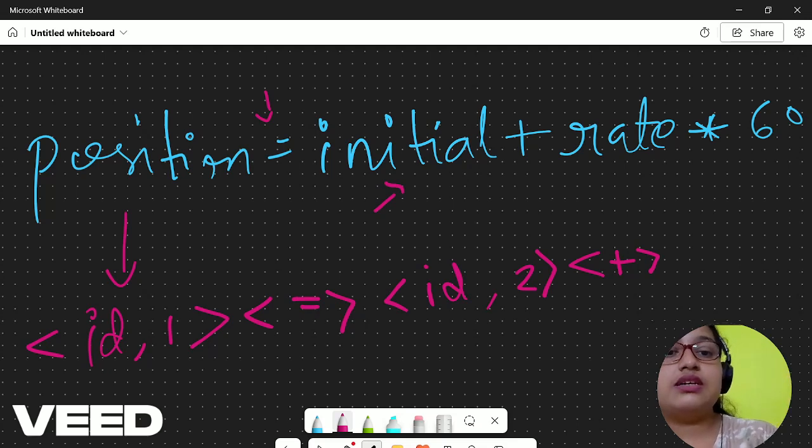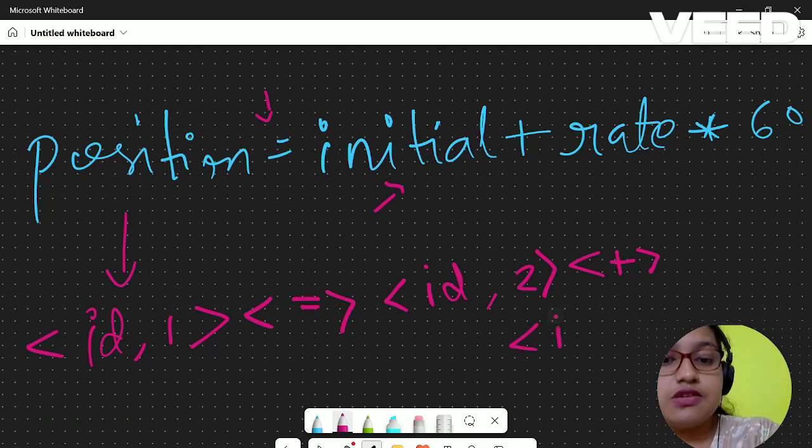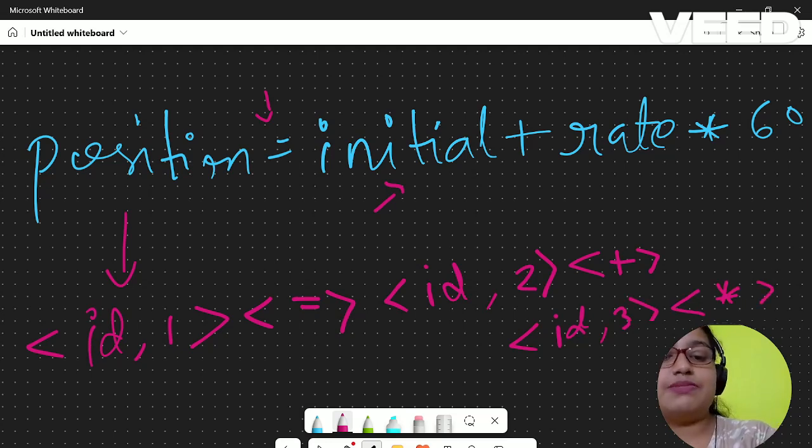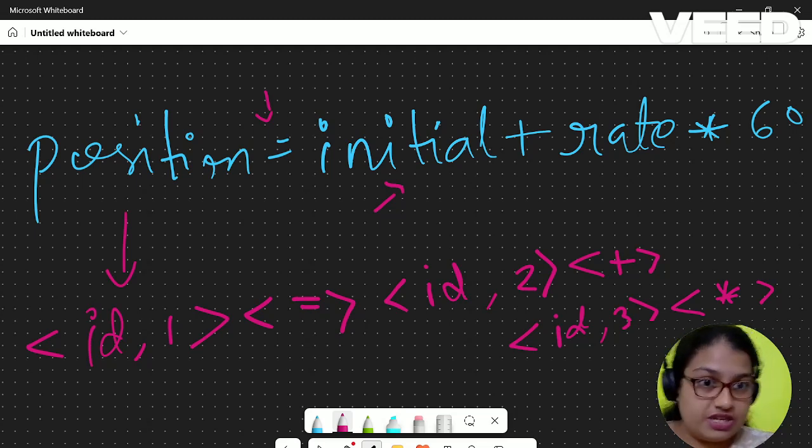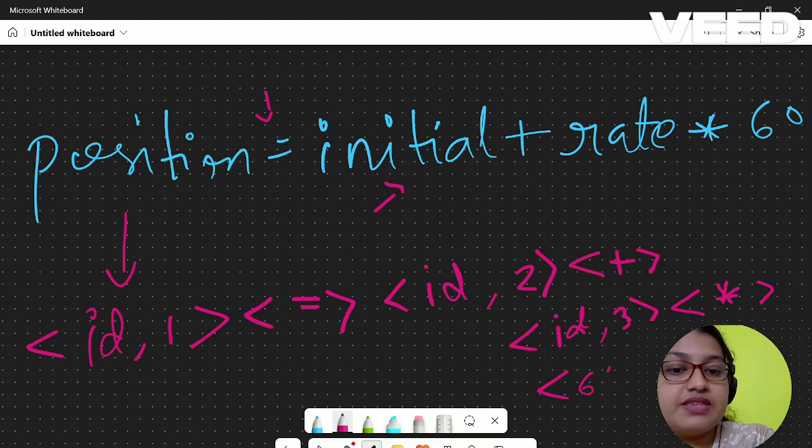Again I found another identifier, so this is also ID, and the number will be 3. Then I found another operator, that is into, the multiplication symbol. And 60 is a value. It is not an identifier, it is not an operator, so I will just represent it like this. All this is in one single line.